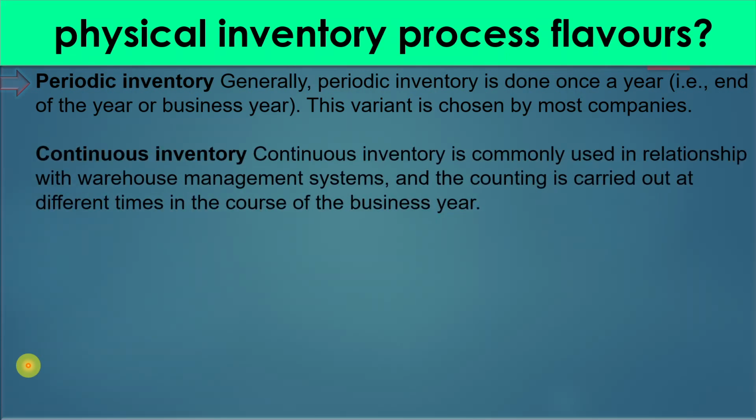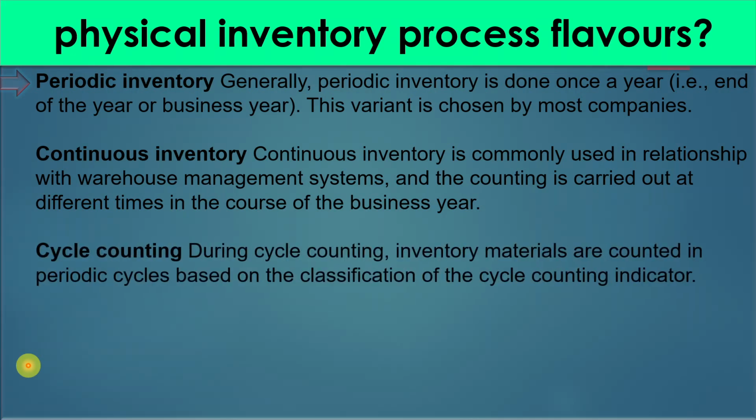Then the second one is continuous inventory. Continuous inventory counting is commonly used in relation with a warehouse management system, and the counting is carried out at different times in the course of the complete business year. Then cycle counting, which we discussed in the previous slide. During cycle counting, inventory materials are counted in a periodic cycle based on the cycle counting indicator.